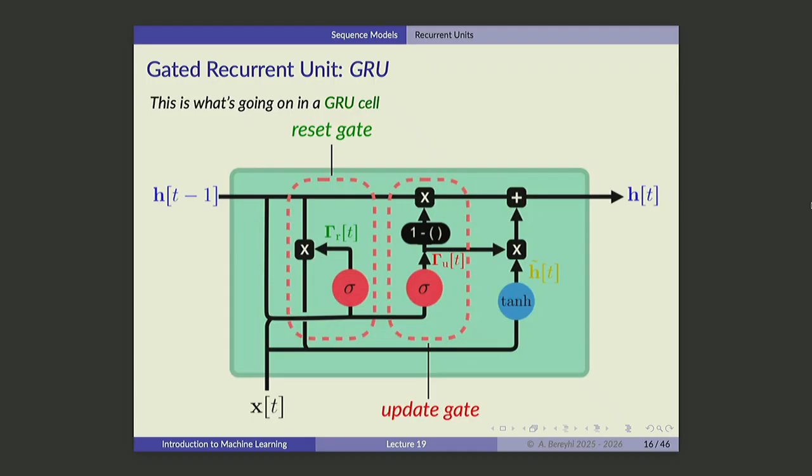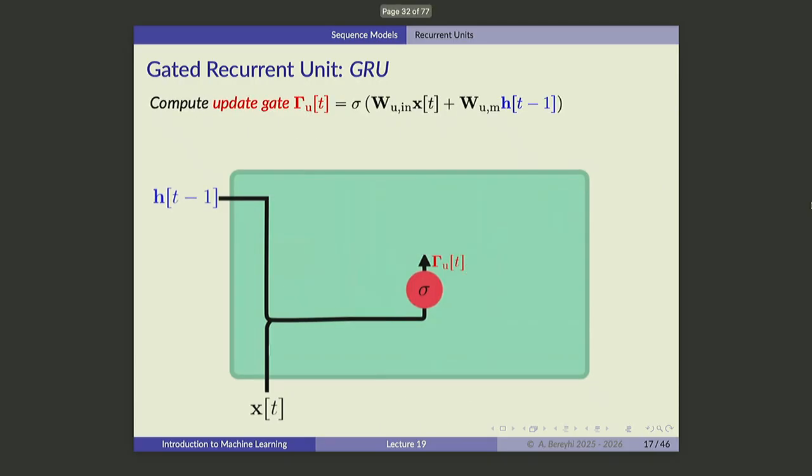Now, let's see how these two gates work and how we get the hidden state updated at time t. Let's say I have the input, and I have whatever memory I had from before. I compute some weighted sum of them: input multiplied with some weight, hidden state multiplied with some other weight, and they add up together.